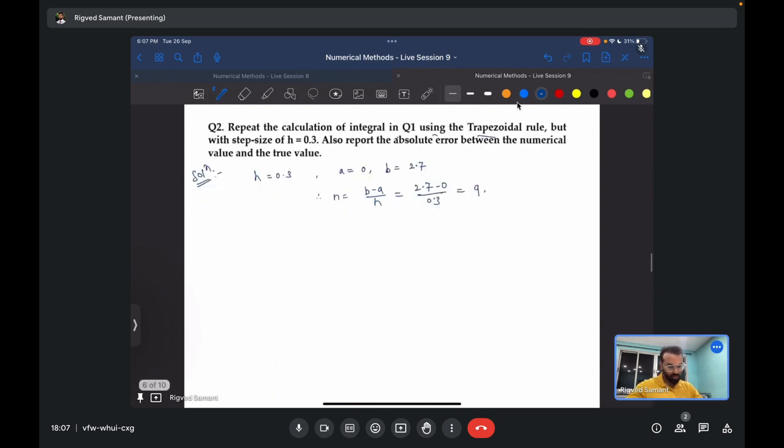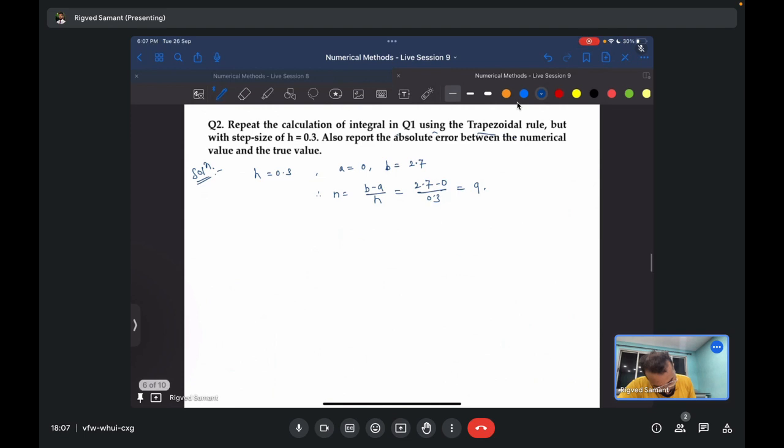It's better if we construct a table. f of x is 1 upon 1 plus x square, right?